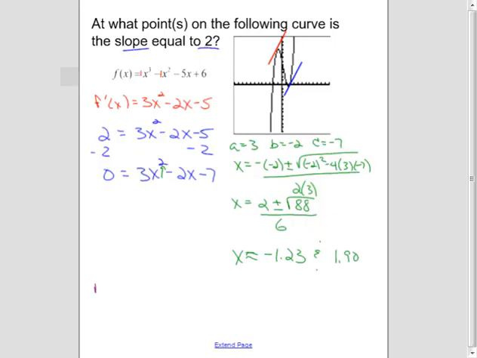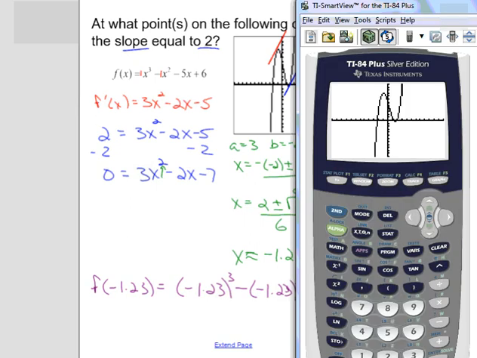I'm going to do f of -1.23, which gives me -1.23 cubed minus -1.23 squared minus 5 times -1.23 plus 6. To find that on my calculator, if I already have the graph, I can just hit trace, negative 1.23.